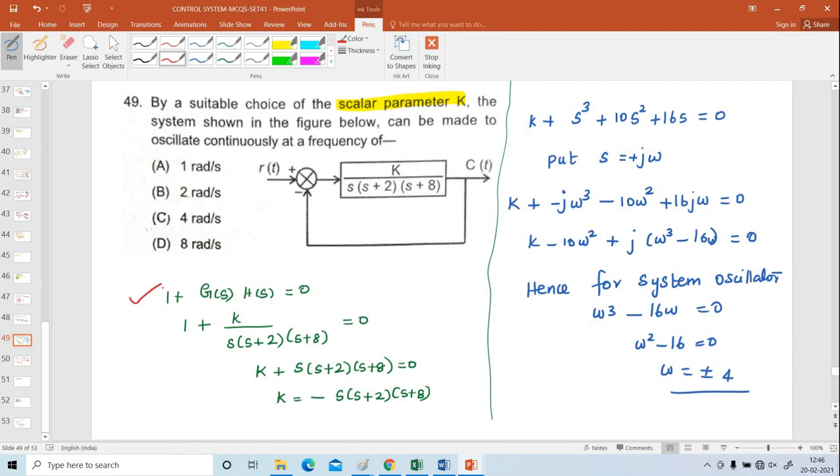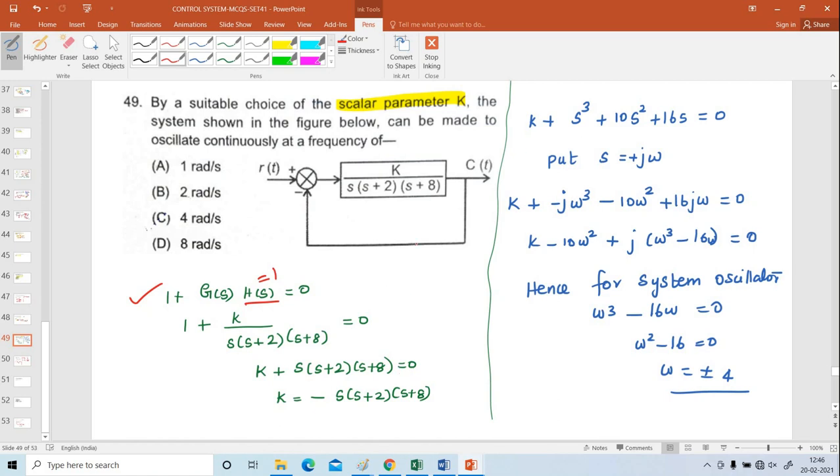First of all, I am going to find the characteristic equation, that is 1 plus G of s into H of s is equal to 0. H of s is the unity feedback, so always H of s is equal to 1. 1 plus k divided by s into (s plus 2) into (s plus 8) equal to 0.